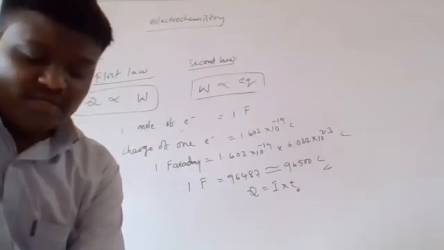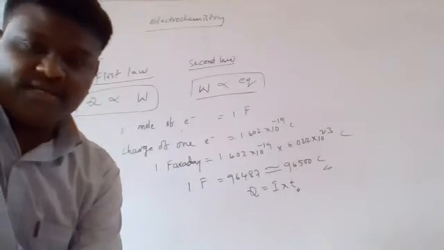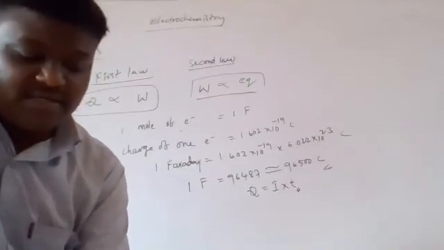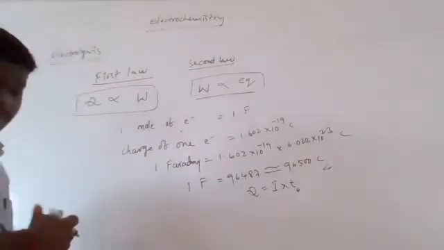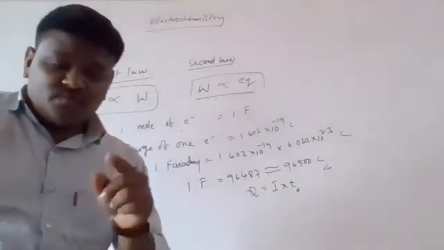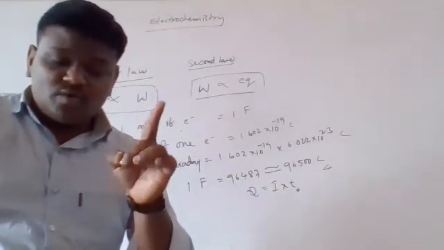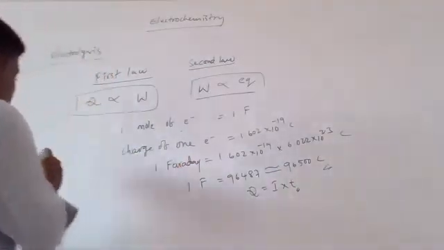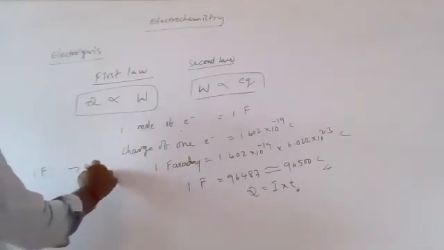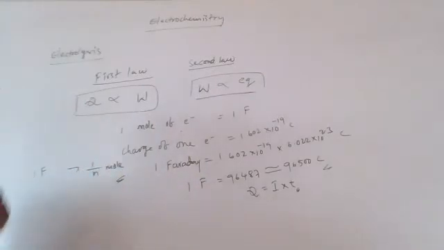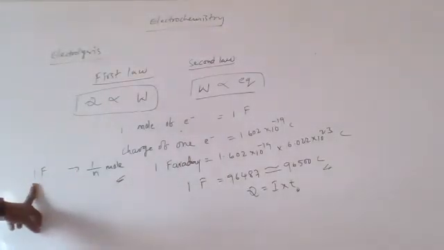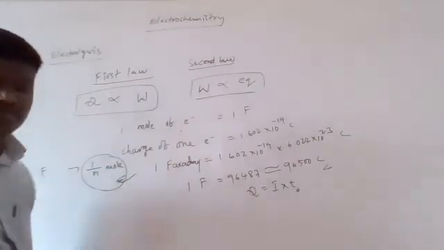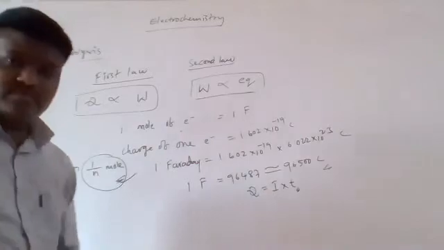If a quantity of electricity equal to 1 farad is passed, then 1 upon n mole of the substance will be liberated at the electrodes. That means if 1 farad passes, the moles formed are 1 by n. 1 farad will be passing and then 1 by n mole of the product will be obtained. We will see all these in numericals.